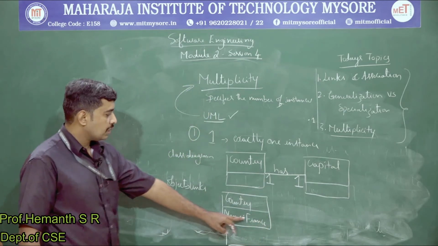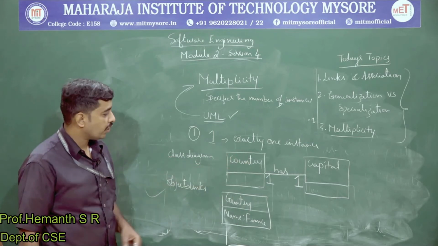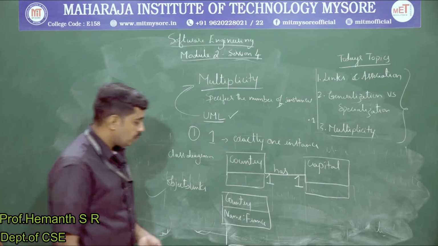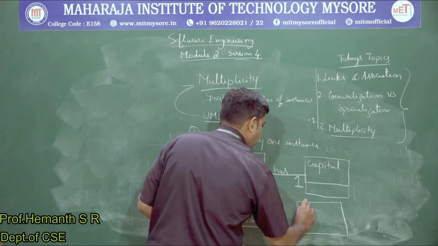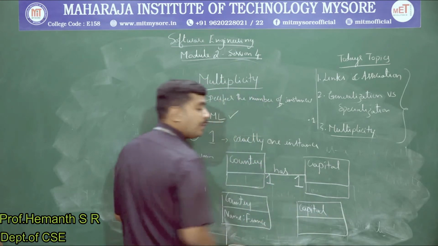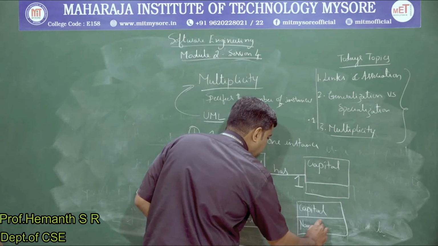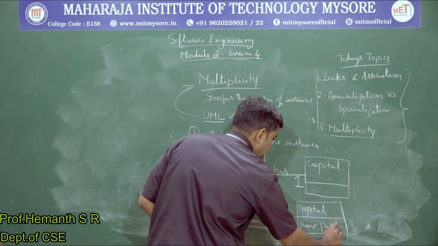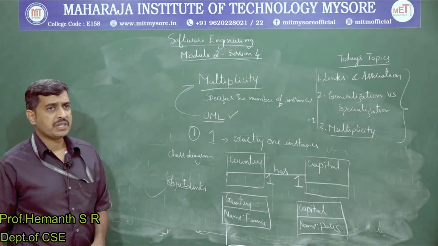Now France is an object of class country. Now I'll create one more object of the capital class, by name Paris.